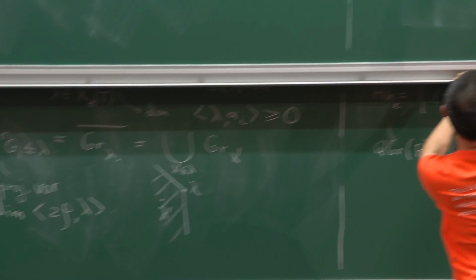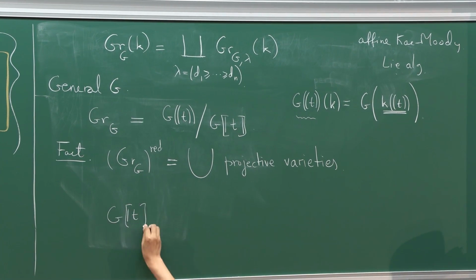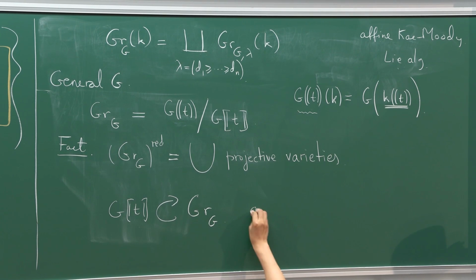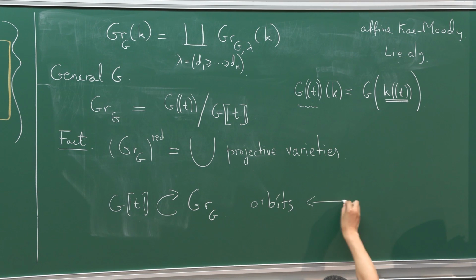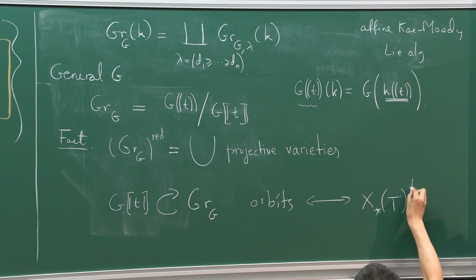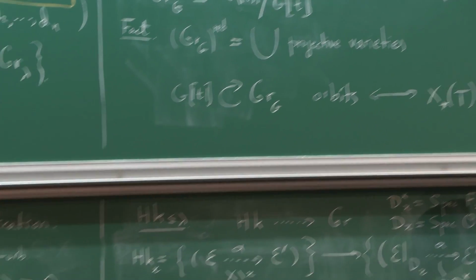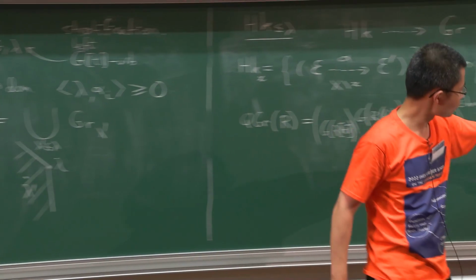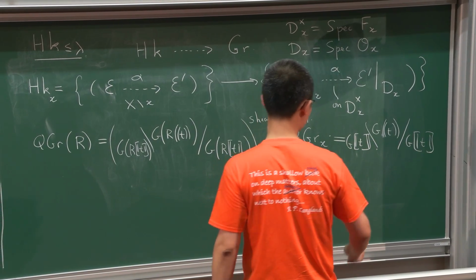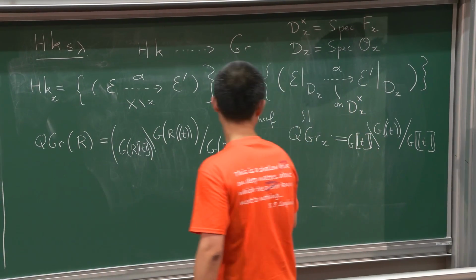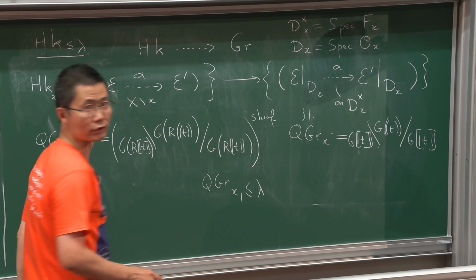There is a left action by the whole loop group, but if you look at just the action by G[[t]], orbits are exactly parameterized by dominant coweights. So this stratification is a very natural one, and certainly it descends to the quotient, because those are just points on this quotient. So I can talk about QGr less than or equal to lambda, for example. This makes sense.